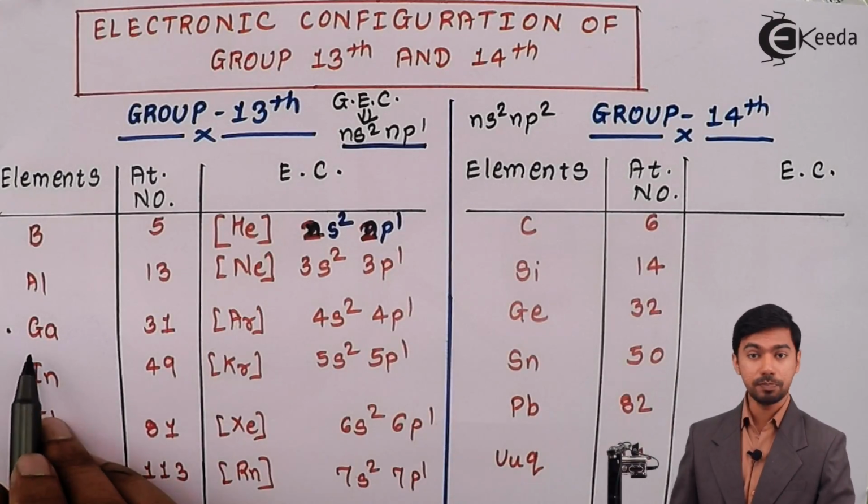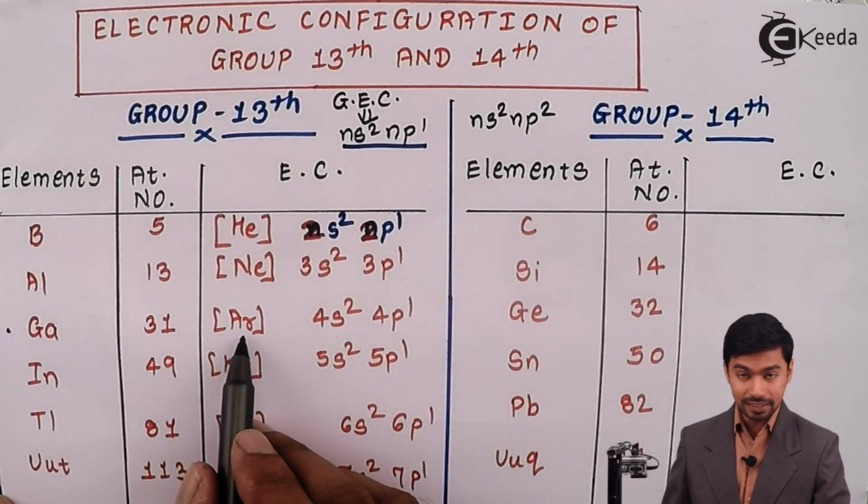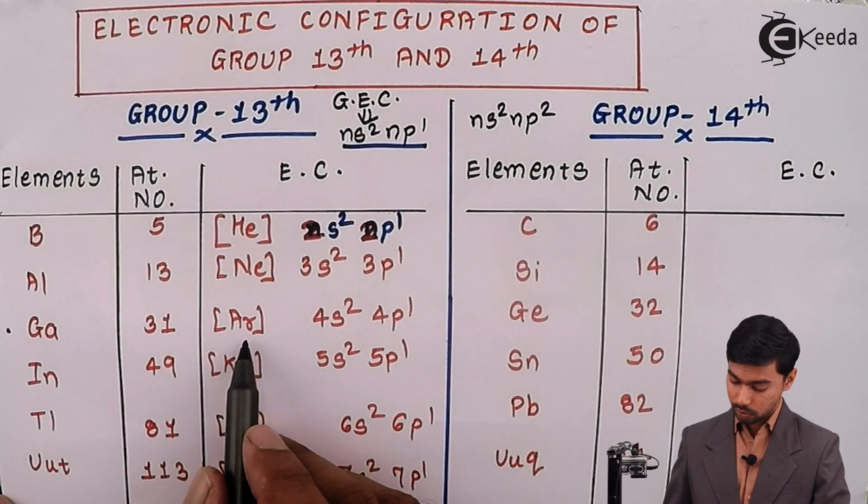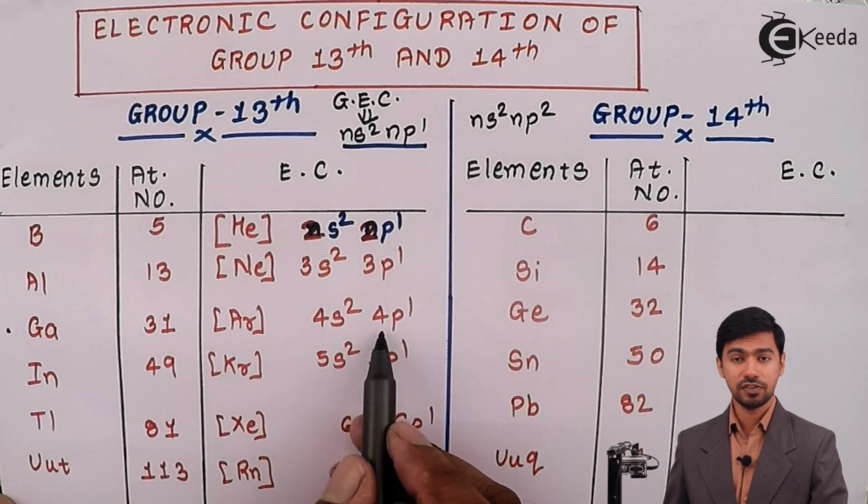In the case of the 4th period, there is an inert gas core and a general electronic configuration.